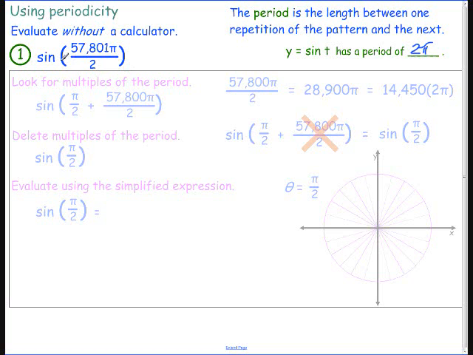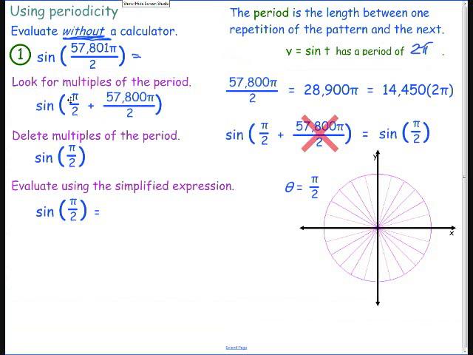And we can use that when we go to figure out what this is. It doesn't seem possible that we could solve this without a calculator. It really doesn't. But I'm here to tell you we can and to show you how to do it. First of all, we're going to look for even multiples of the period.